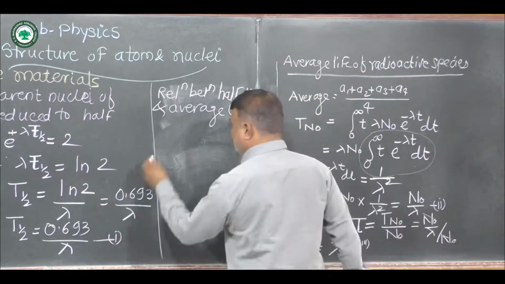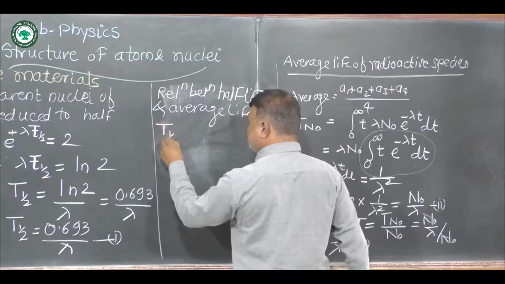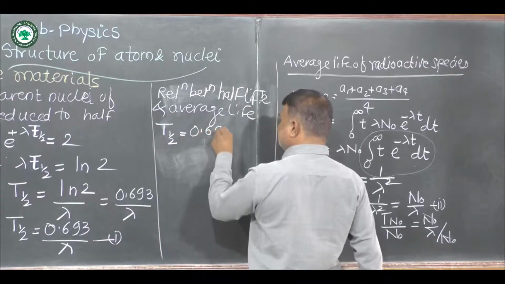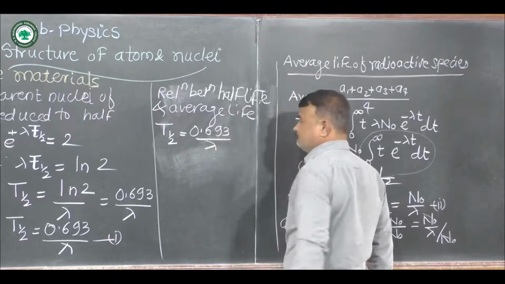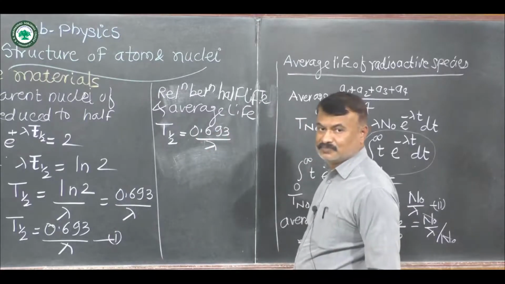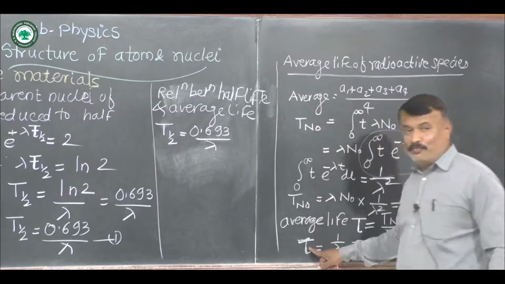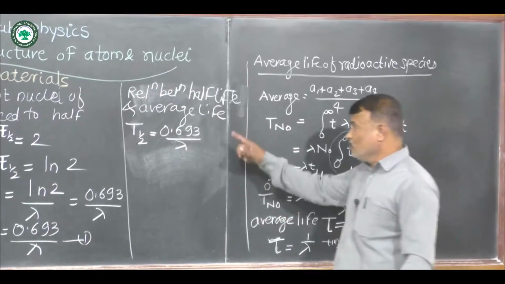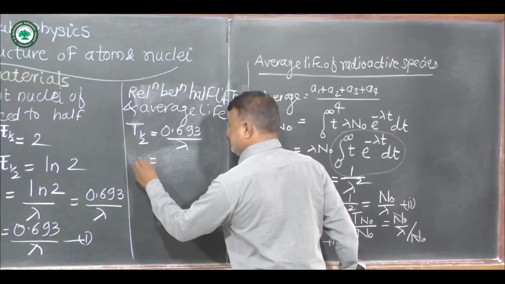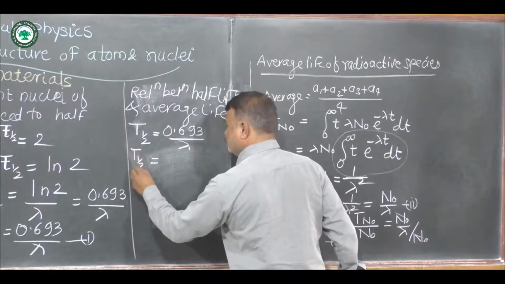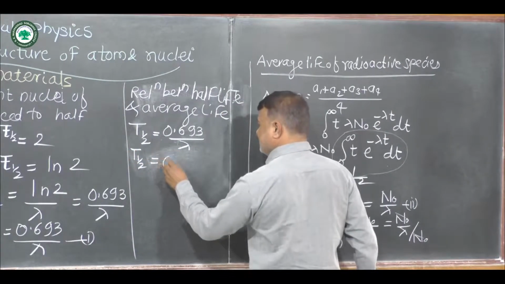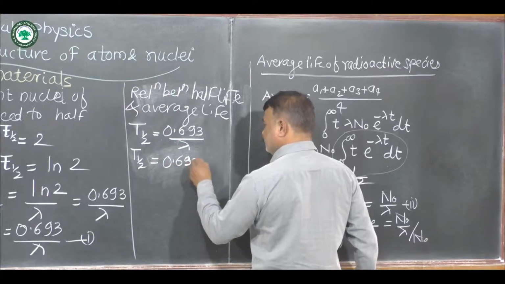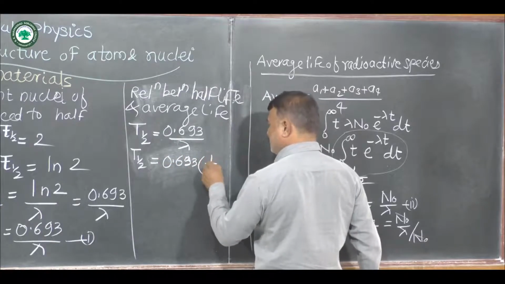Half life is given by T half equal to 0.693 upon lambda. But we know that tau, the average life, is equal to 1 upon lambda. So by substituting this we can write T half equal to 0.693 into 1 by lambda.